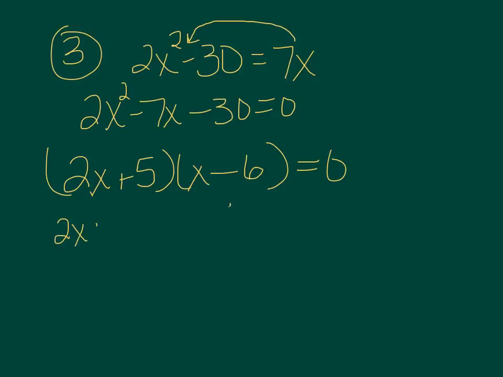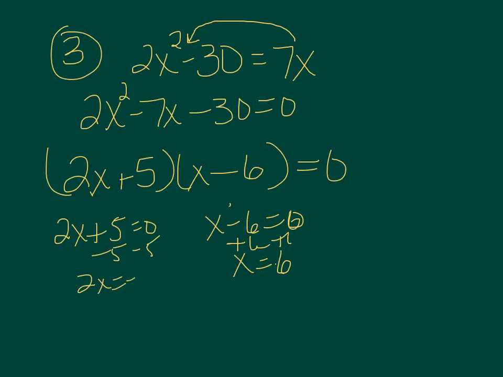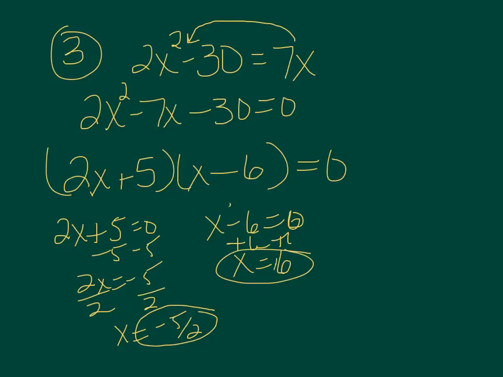So I have 2x plus 5 equals 0 and x minus 6 equals 0. So that's going to be x equals 6, right, because you add 6 to both sides. Subtract 5, 2x equals negative 5. Divide by 2, and x equals negative 5 over 2. So my two answers are 6, that's a plus 6, and negative 5 over 2.